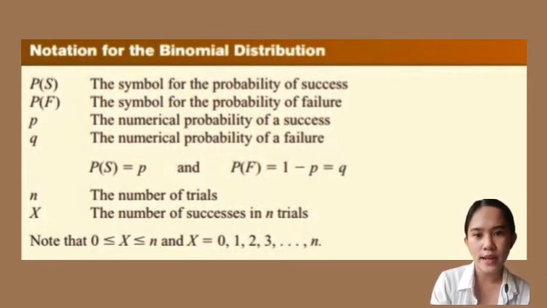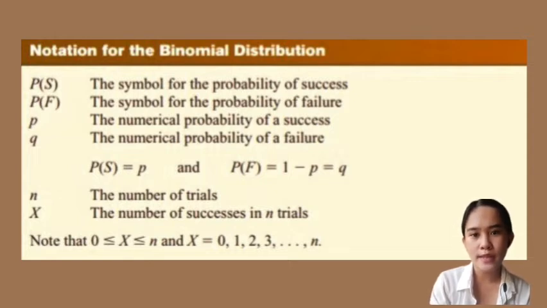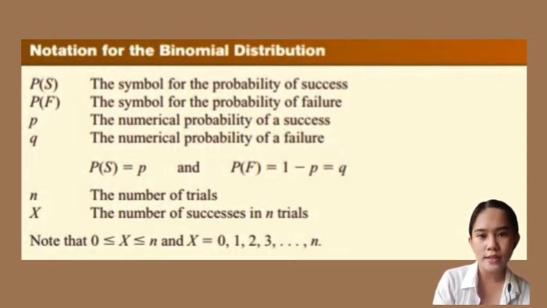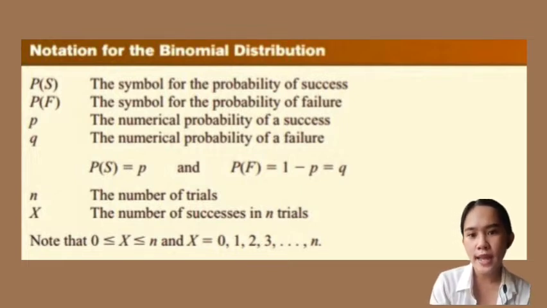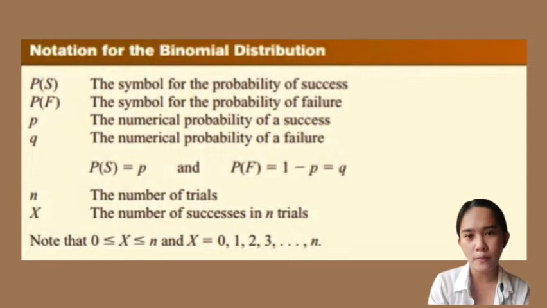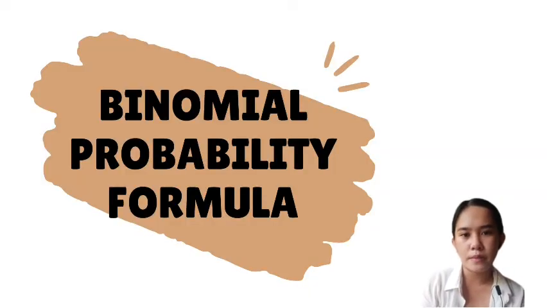The small letter n is the number of trials. The big letter X is the number of successes in n trials. Note that 0 is less than or equal to X, and X is less than or equal to n, and X is 0, 1, 2, 3, and so on. The probability of success in a binomial experiment can be computed with this formula.